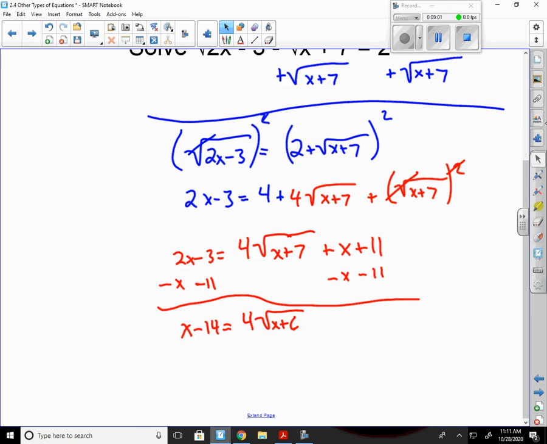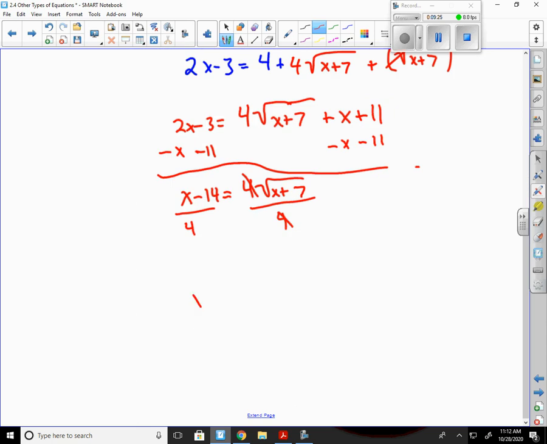It's weird. Now, I can divide by my 4, or I could just wait. I'll do it now. Gives me x minus 14 over 4.